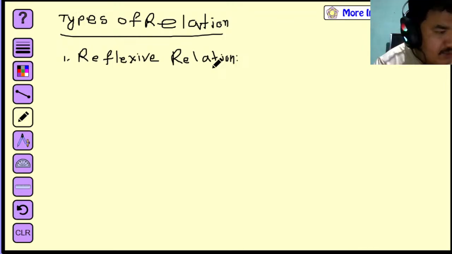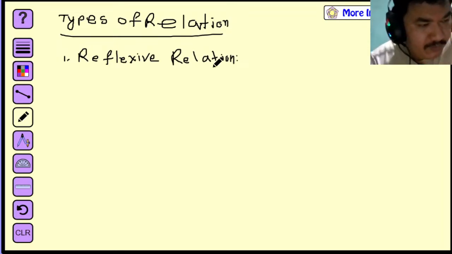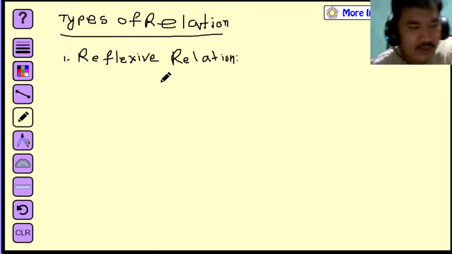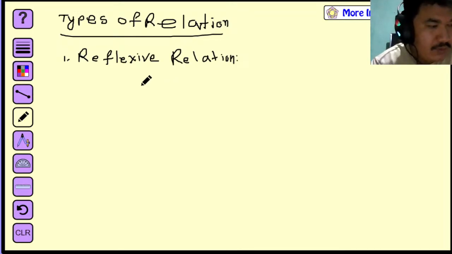It is expressed as what? Relation (1, 1), relation (2, 2). Hence, each element of the set A belongs to the same set. I'm showing one example here.